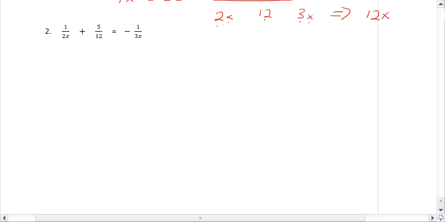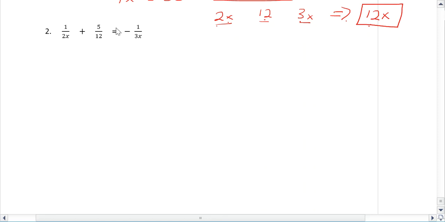So now I'm just checking. If 12x is the LCD I've chosen, 2x goes into it, so we're fine. 12 goes into it evenly, we're fine. And 3x goes into it evenly, so we're fine. We want to pick the LCD that divides evenly by all the denominators because when we multiply, we want the denominators to cancel or divide away.